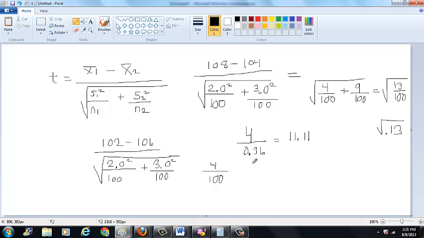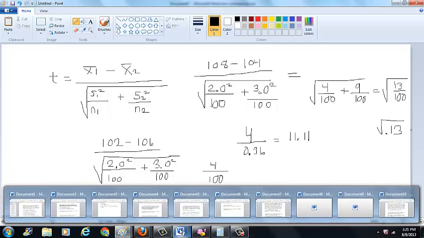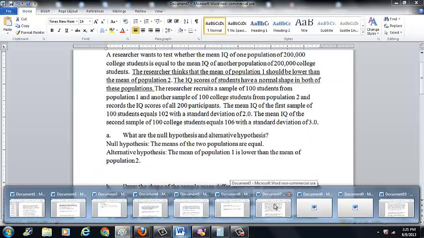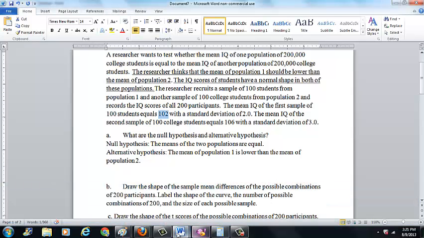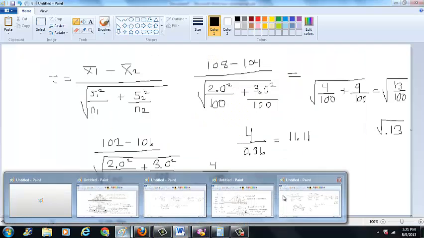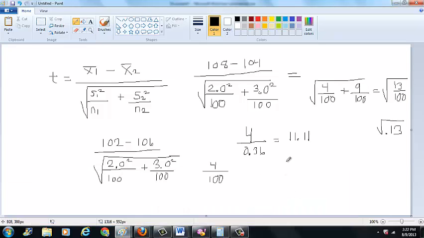It ends up being the same as before. So the bottom of our formula comes out the same as it did last time. It comes out to the square root of 0.13 again.